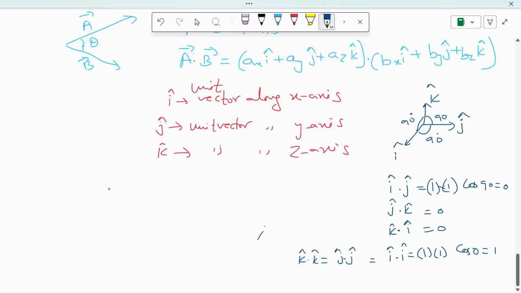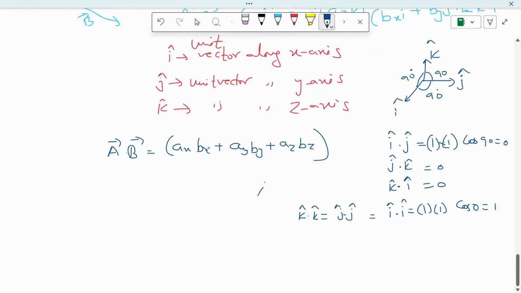So the result is AX BX plus AY BY plus AZ BZ. Now if we do the dot product between a vector A bar and itself, this gives the magnitude of A times the magnitude of A. The angle between them is 0, so cos 0.